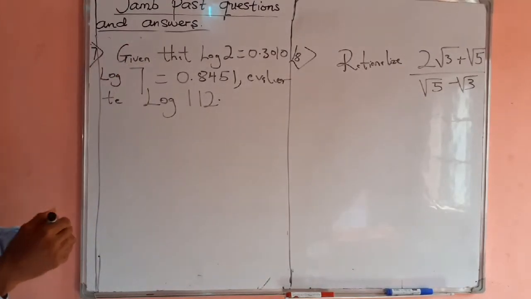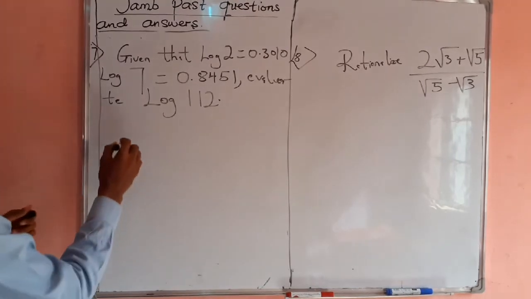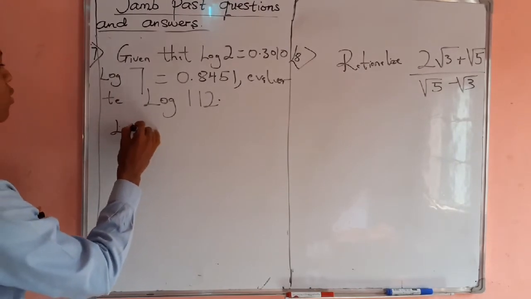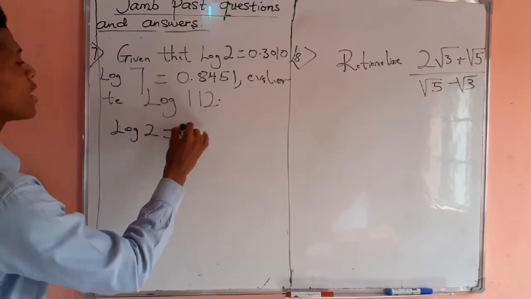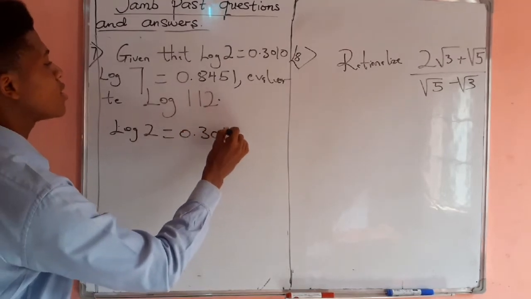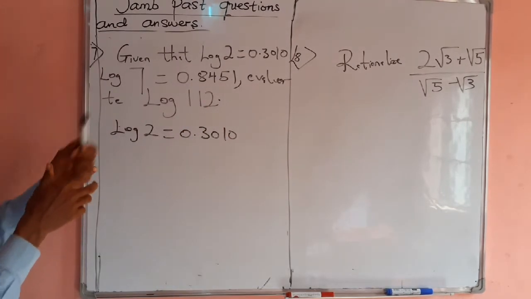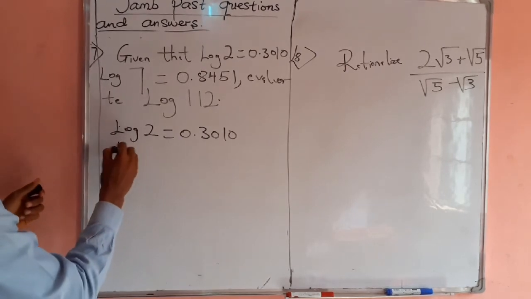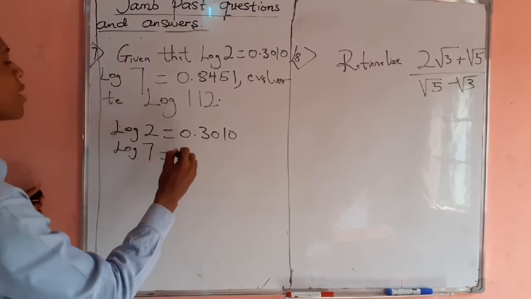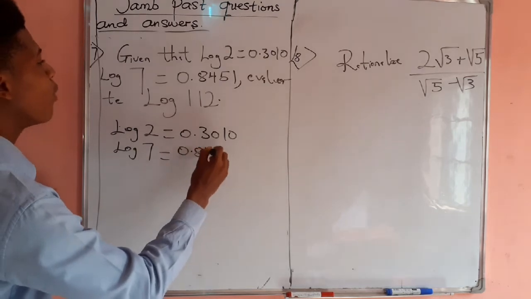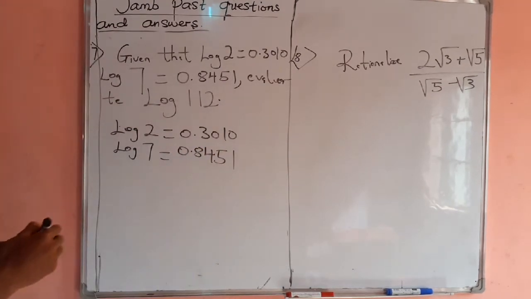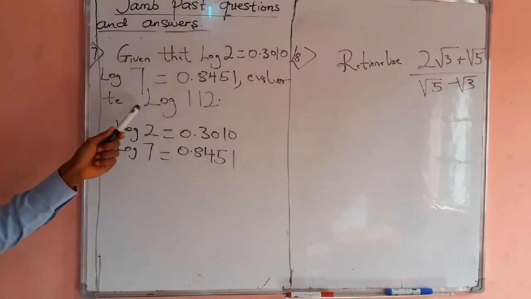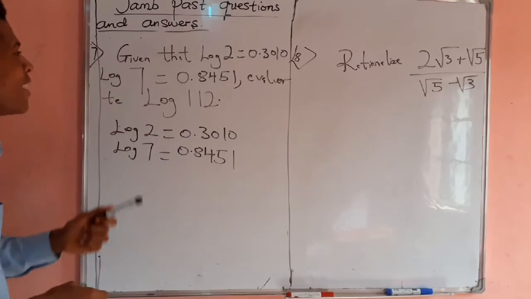Given that log 2 is equal to 0.3010, so log 2 was given as what? 0.3010. And log 7 was also given as what? As 0.8451. And they say evaluate log 112. Okay?